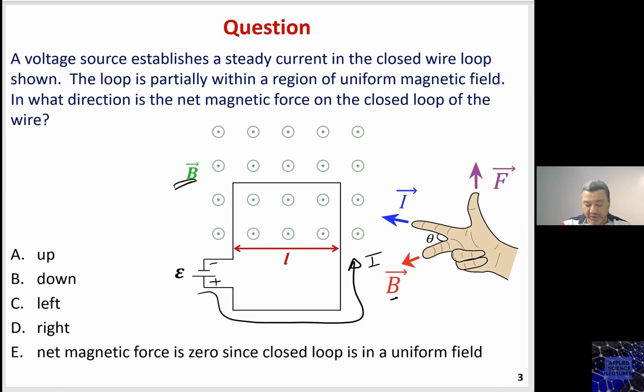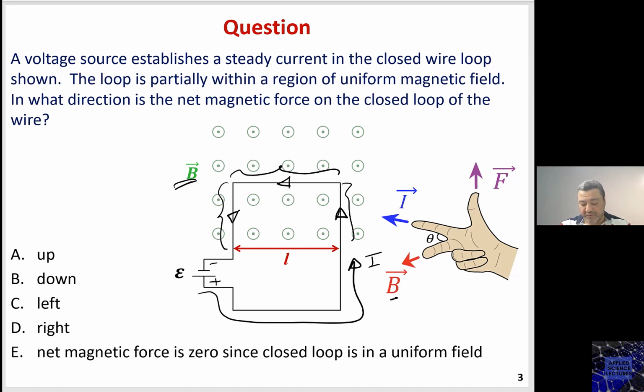So we have those sections. This is the section from here to here, and this section. They are within the magnetic field. The current is going in this direction. In this case, instead of looking at the velocity as we used to do for one single charge, now we will be taking the direction of the current as my index finger.